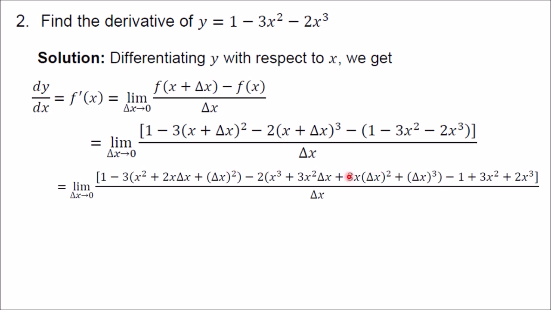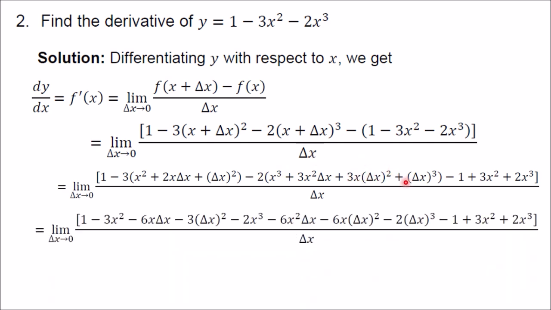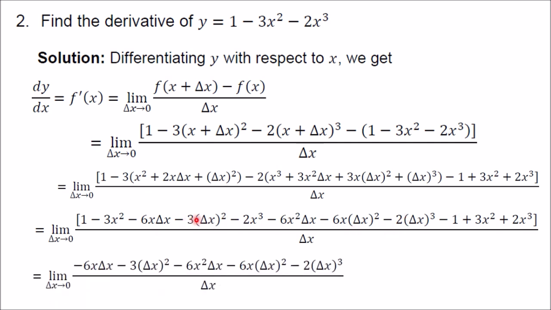Yung 2 dito sa kabila, ganun din, 2 times this one, 2 times 3x, 2 times that, and then the result is this one. Ayan, humahaba na humahaba. 3x squared is ito na, 3 times 2x delta x is negative 6 delta x, and so on. So, ito lang equivalence. Now, we will simplify this further.